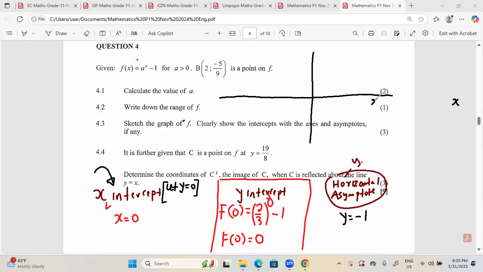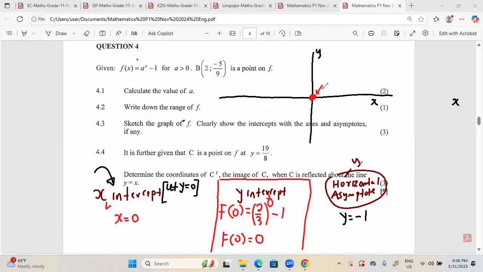This is the x-axis. This is the y-axis. The graph has got the x-intercept of 0 and the y-intercept of 0. So it means it passes here at the origin. At this point, the x-intercept is 0. And exactly at that point, the y-intercept is 0.